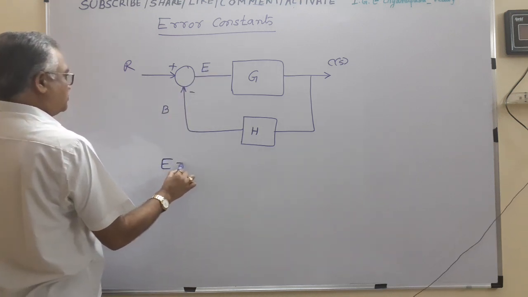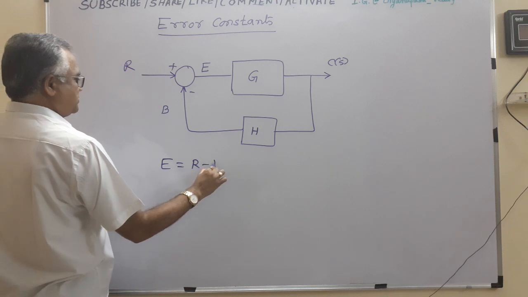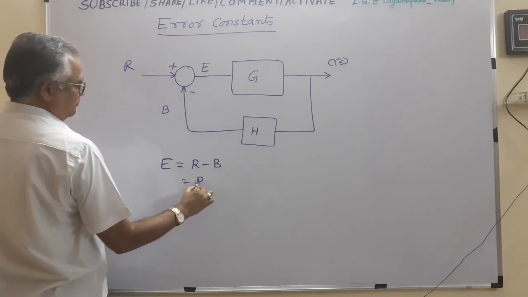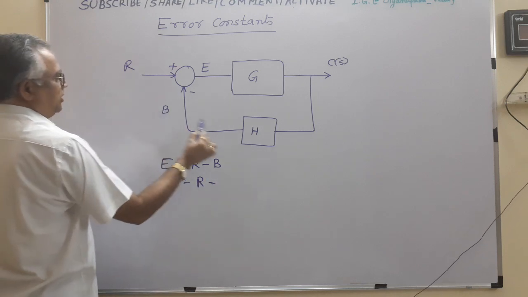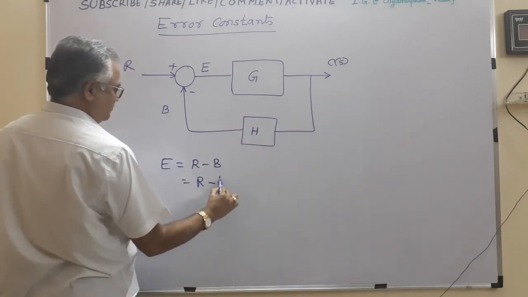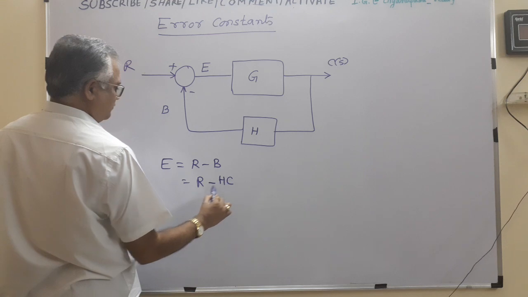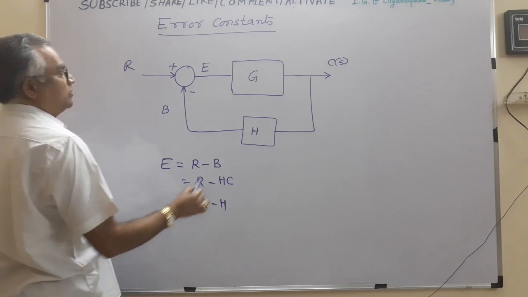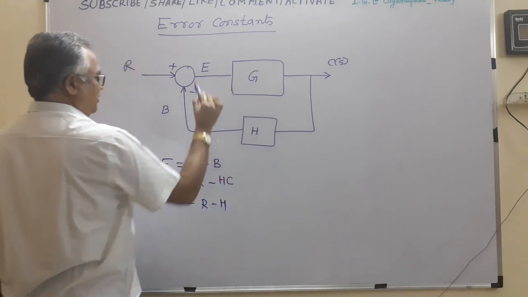Error equals R minus B. B equals H into C. What is C? G into E.